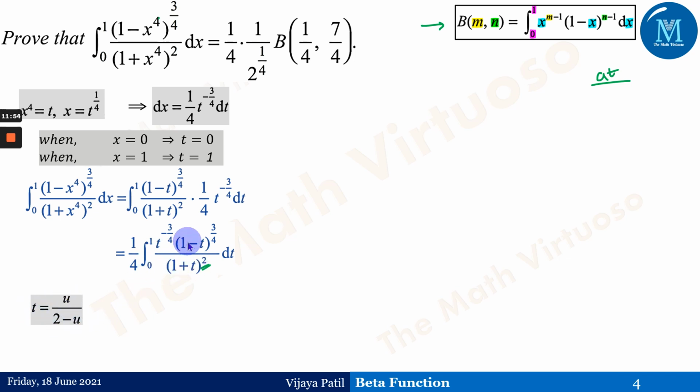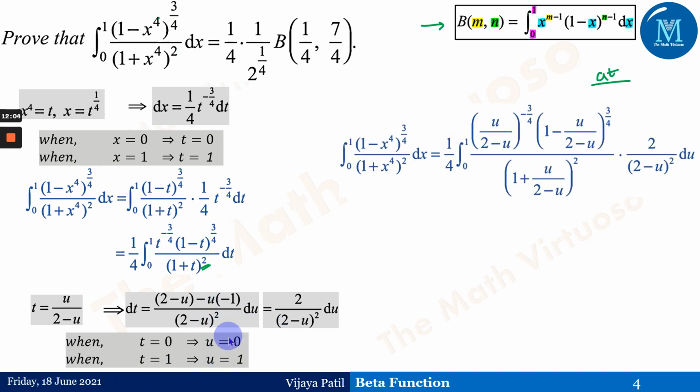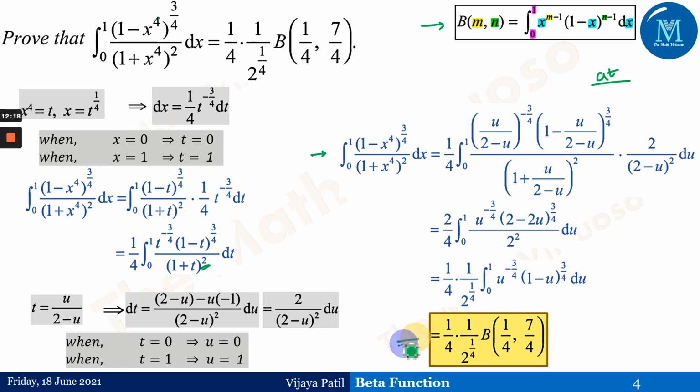After the substitution and after the u by v rule, we get the value of dt as this. Putting the values, t equals 0 gives u equals 0, t equals 1 gives u equals 1, and putting the values everywhere in the LHS, we'll get this type of terms. If you go on simplifying further, you'll get the answer for this particular question.